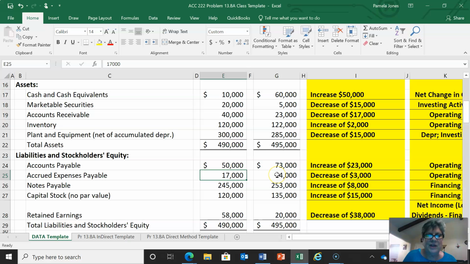All right, so the accrued expenses payable decreased by $3,000. So if it went down, and accrued expenses payable shows expenses that have built up but have not yet been paid, that means that the expenses that were accrued and reported on the income statement were less than the cash we actually paid on those liabilities.